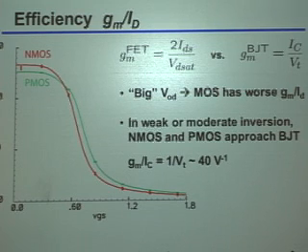Okay, now one other thing that I should point out is I've shown here the curve for the transconductance efficiency versus VGS for both the NMOS and for the PMOS. And hopefully you'll notice here that the two look pretty darn similar, right? So maybe there's a slight shift in the curve, maybe the peak value is a little bit different, but overall the curves look very, very similar.